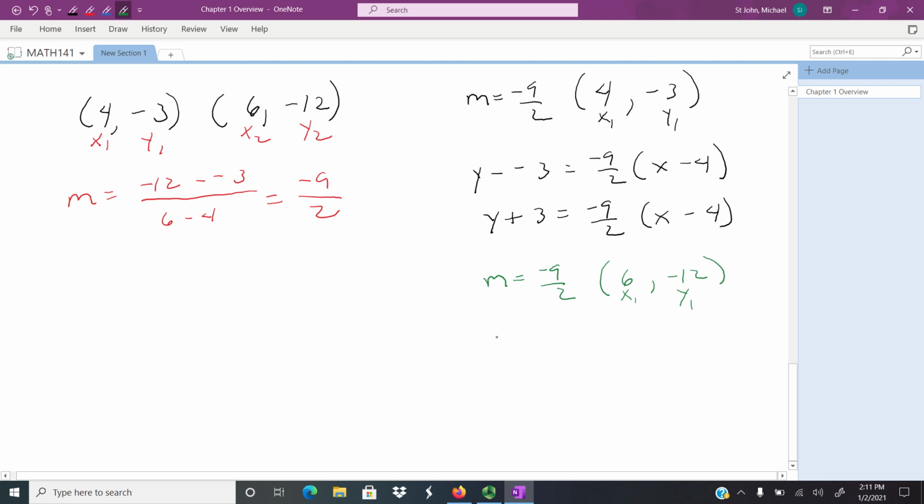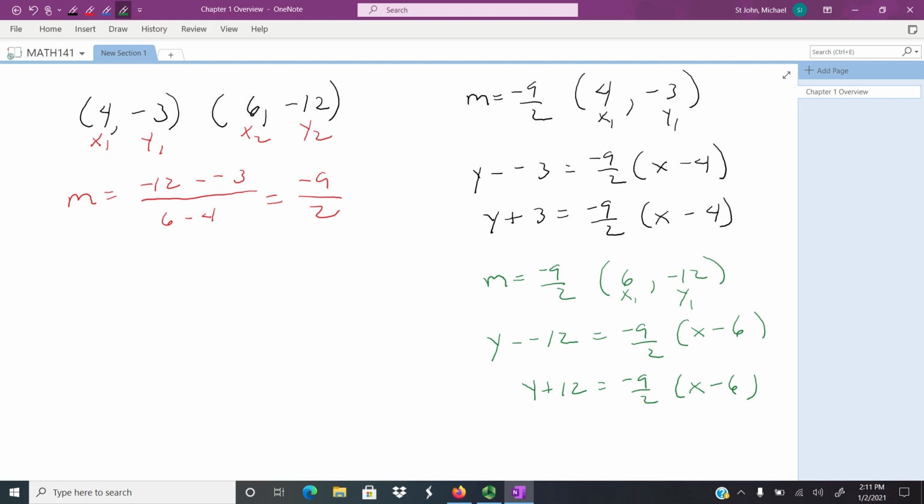So this would be y minus a minus 12 equals minus 9/2 times x minus 6. So y plus 12 equals minus 9/2 times x minus 6. So we could get that form too. Right? So that is how I get point-slope form.